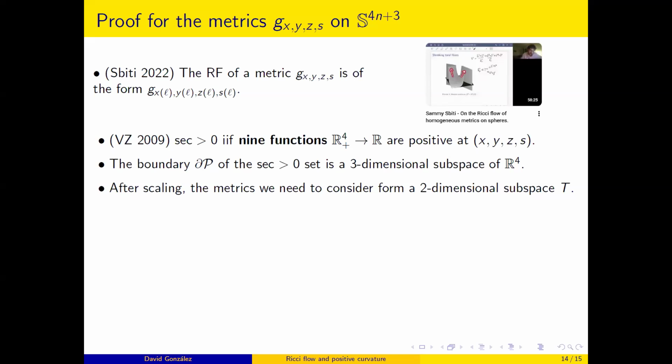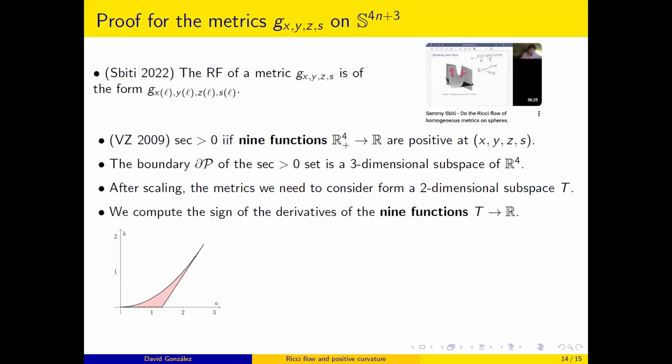Now, for each of these metrics in this 2-dimensional subset, we need to compute the sign of a derivative. That's how we know if the thing goes outside or inside, right? So, yeah, those are the computations we have been doing for the last months. Just to show a couple of things.